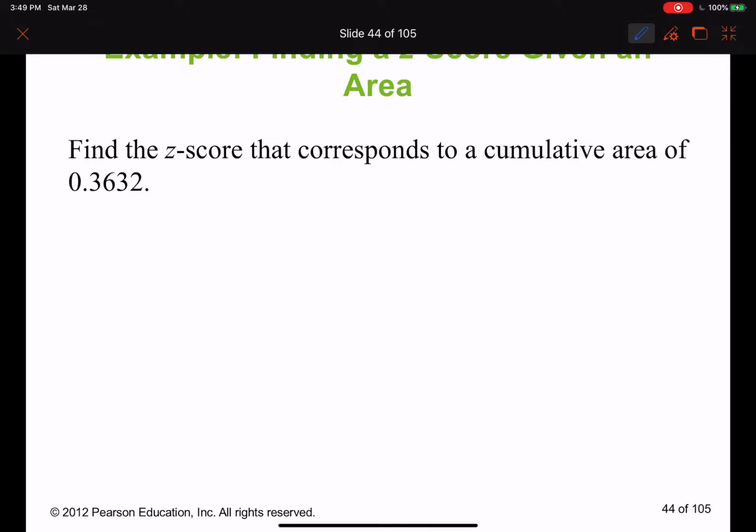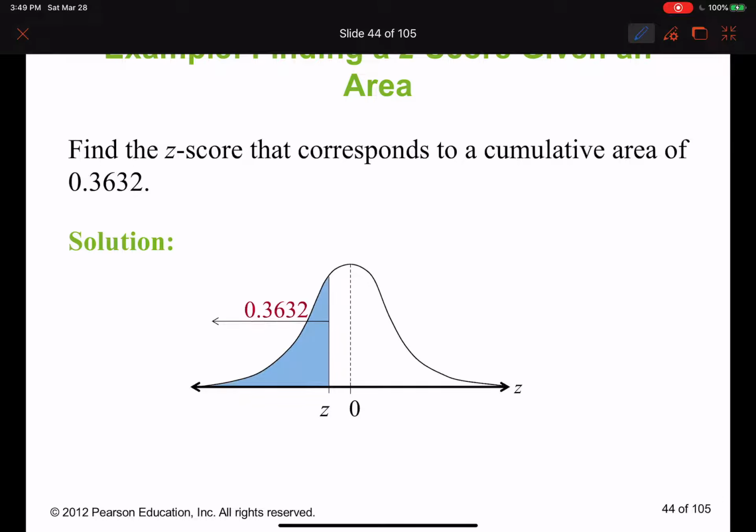Since I have already explained, find the z-score that corresponds to a cumulative area of 0.3632. Find it, please, and then I'll open the solution. Here it is, 0.3632. You need to find in the table where your 0.3632 is. It's going to be in the negative z-scores, correct? Because you have to figure out where to look, positive or negative.